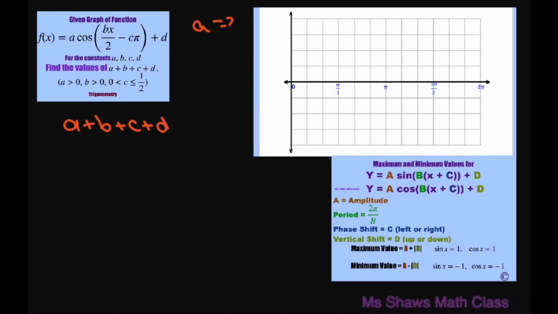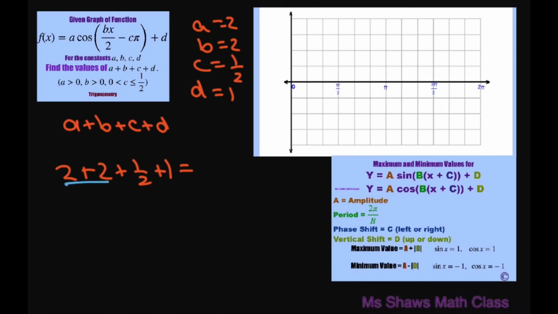A was 2, b is 2, c is 1/2, and d is 1. So just add them up: 2 plus 2 plus 1/2 plus 1. Now this is going to give you 5 and 1/2. And so I just added everything up. And if you want to write in fraction form, 5 times 2 is 10 plus 1, so that's 11 divided by 2.